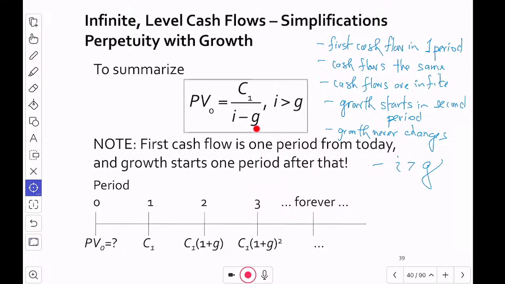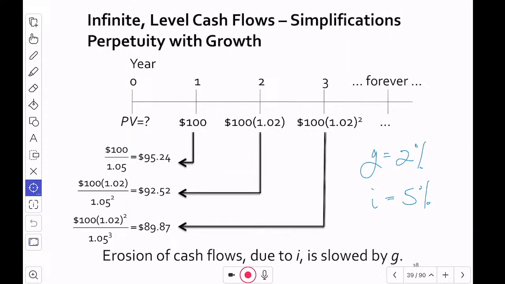And that ensures that the value of these future cash flows is positive. So mathematically, that's why it's the case. But what would happen if I was not greater than G? Can someone tell me? So imagine this case.